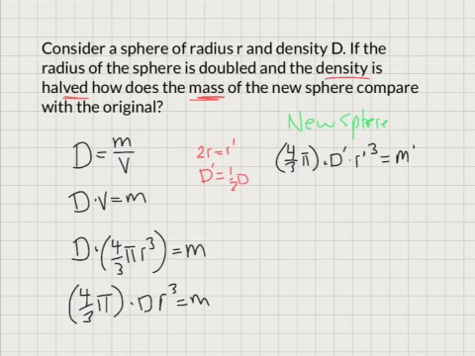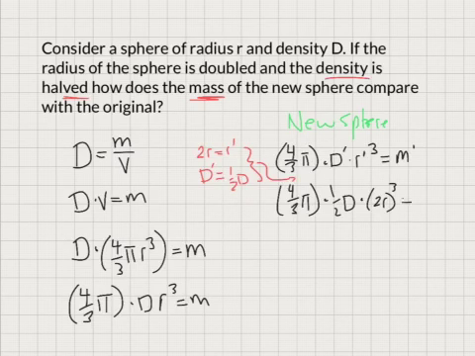The next thing to do is substitute these into our equation and rewrite it. We have 4/3 pi times d prime. Now d prime is 1/2 the original density, and we substitute for r prime, which is twice the original, so that's 2r cubed, and that's equal to mass prime.